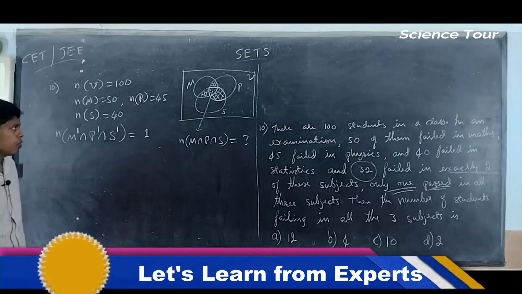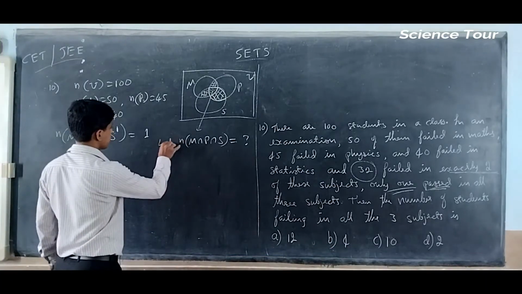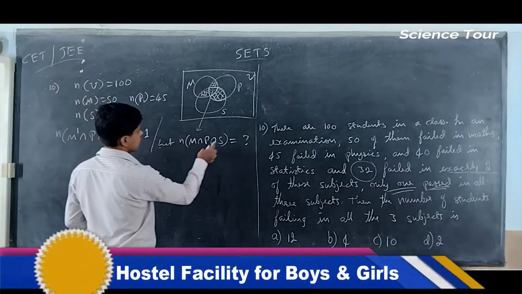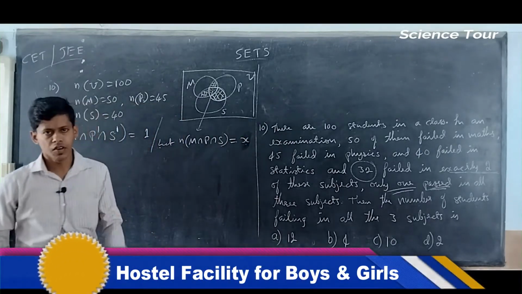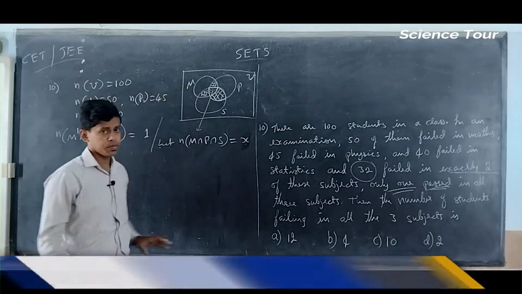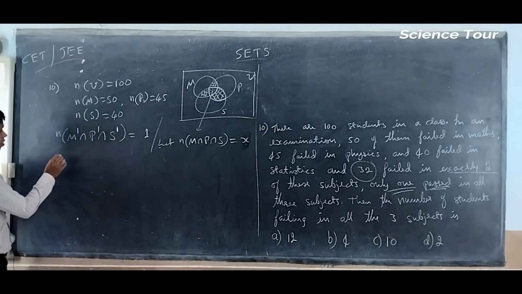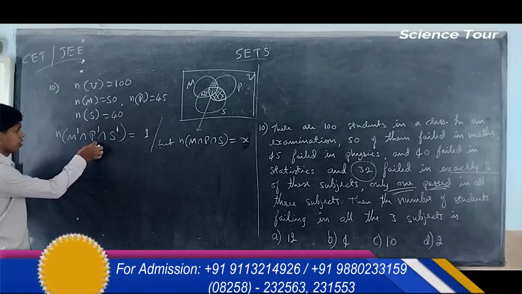Now what we will do is take this quantity as x. That's what we need finally. Now understand. What is the formula that you have for this?